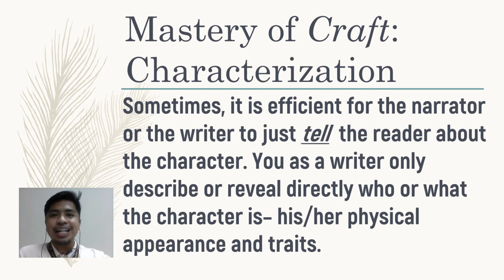Sometimes when we tell a character, it is efficient because we as a writer are the ones who directly reveal who or what the character is to our readers. Her physical appearance, her traits, we describe them right away to the readers. That is what we call telling the character.